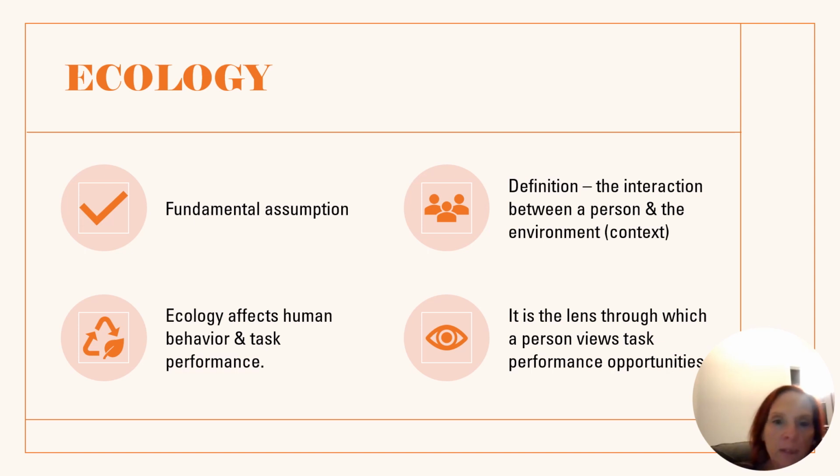It is based on ecology, and ecology is a fundamental assumption of the model. Ecology affects human behavior and task performance. The definition of ecology is the interaction between a person and the environment or their context, and it is the lens through which a person views a task, performance, opportunity.